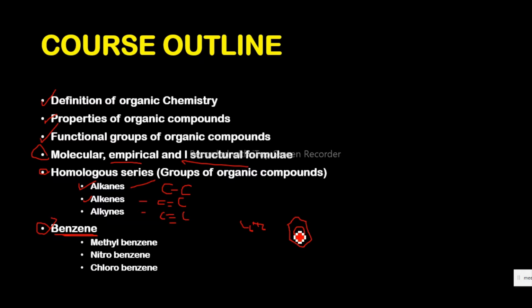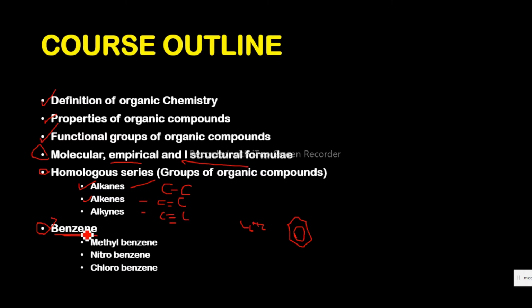And so on. So you discover that actually at this level, you are taught that benzene is the only aromatic compound. But when you go up with chemistry, you find that there are very many aromatic compounds other than just benzene. Okay? So we shall be able to introduce you to aromatic chemistry.